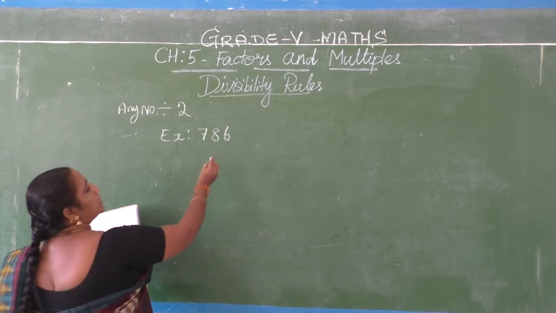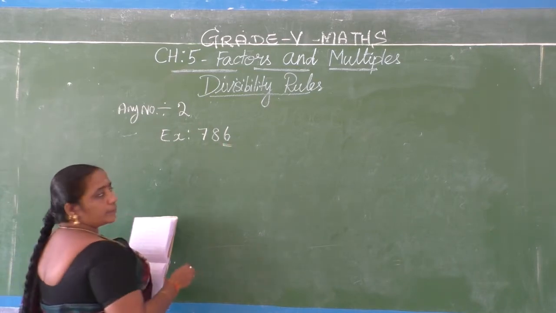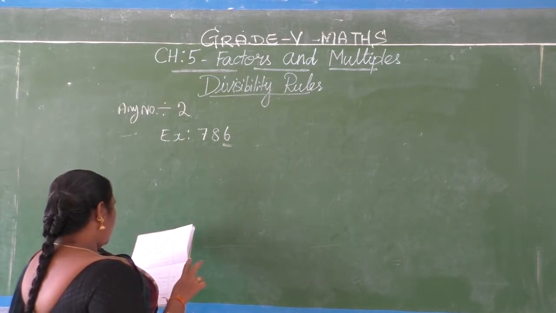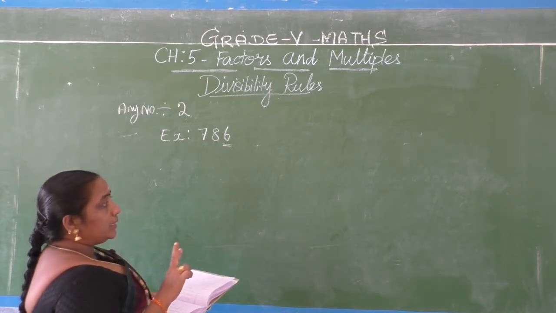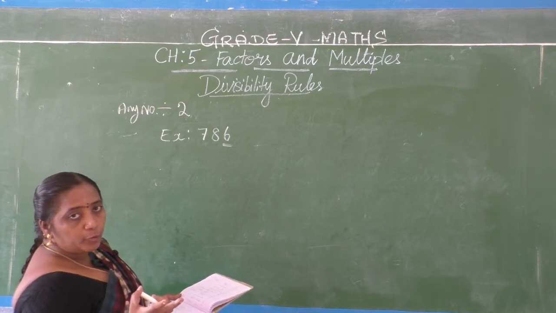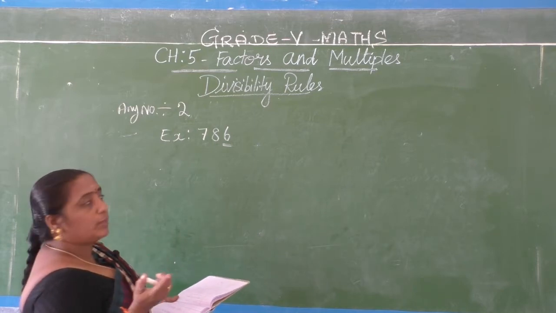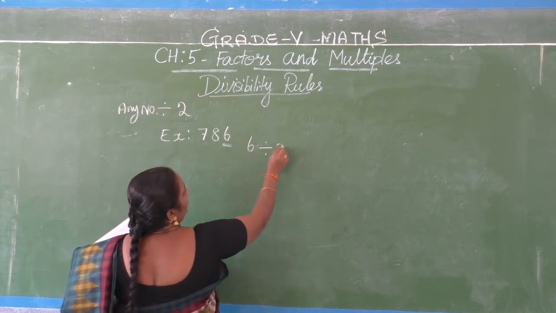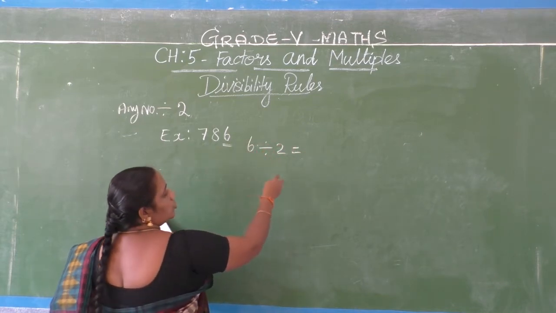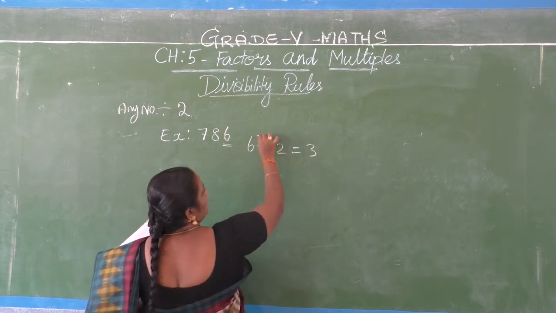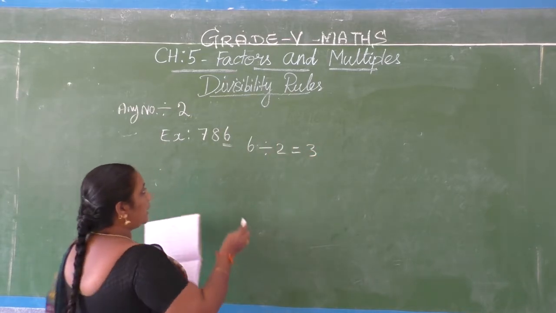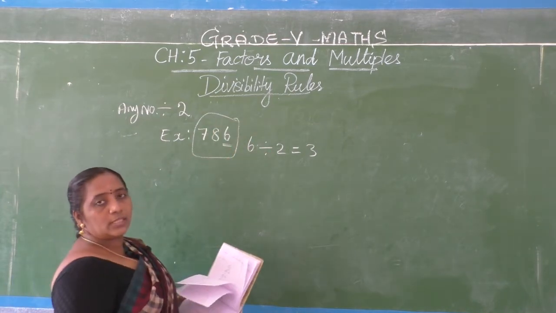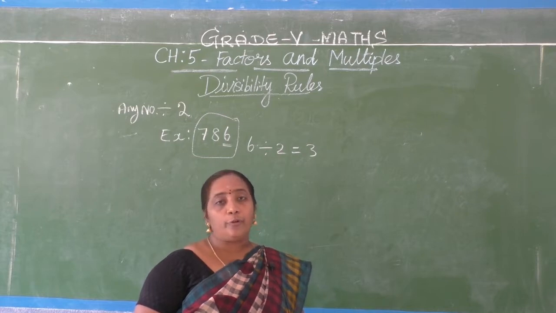We have to check the ones place. If the number in the ones place is divisible by 2, then the whole number will be divisible by 2. See here, in the ones place we have 6. So 6 divided by 2, how many times will 2 come? 3 times. So this number is divisible by 2. That means this 786 is divisible by 2. This is the divisibility rule of 2.